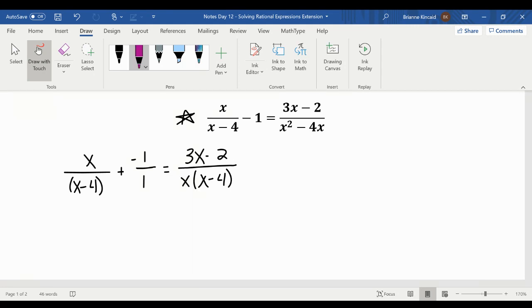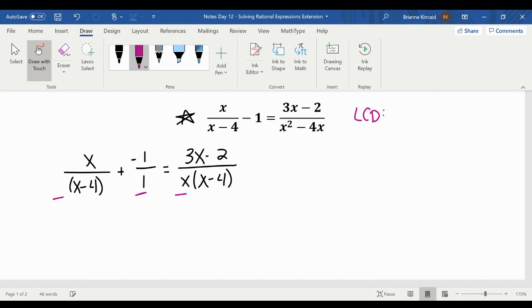So my LCD needs to contain, if I look at what's outside of my parentheses, outside of my binomial, I have a 1 on the outside here, I have a 1 here, and I have an x here. I don't really worry about the ones. Multiplying by 1, dividing by 1 is not going to change this at all.